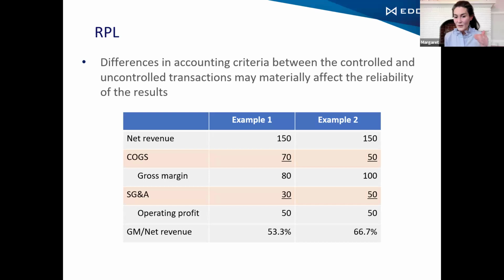And because this is a gross margin analysis, that's going to make a difference. And it's very, very hard to determine if the way your comparable companies have split their costs between COGS and SG&A is the same for the comparable company as it is for the tested party.